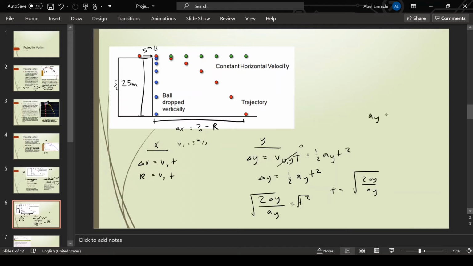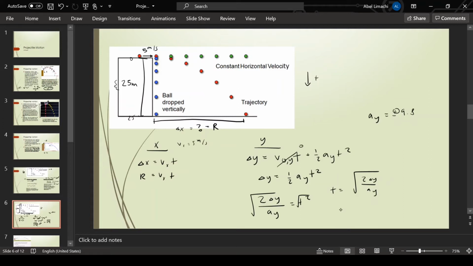a y is equal to either positive 9.8 or negative 9.8. It depends which way we're looking at it. Let's call, in this case, down positive. Where down is positive, that means that since the 9.8 is always pointing towards the ground, it's going to be a positive 9.8. This also means that from 0 to 25, it's going to be positive 25 meters.